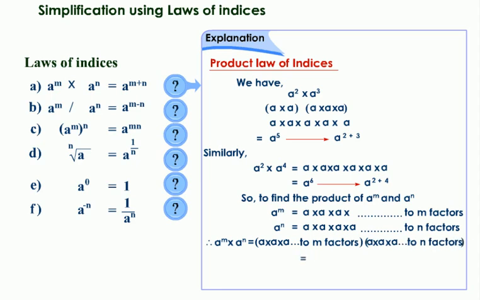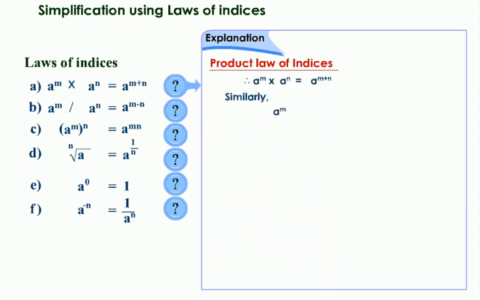That is equal to a into a into a to m plus n factors. This can be written as a to the power m plus n. Hence, a to the power m into a to the power n is equal to a to the power m plus n.